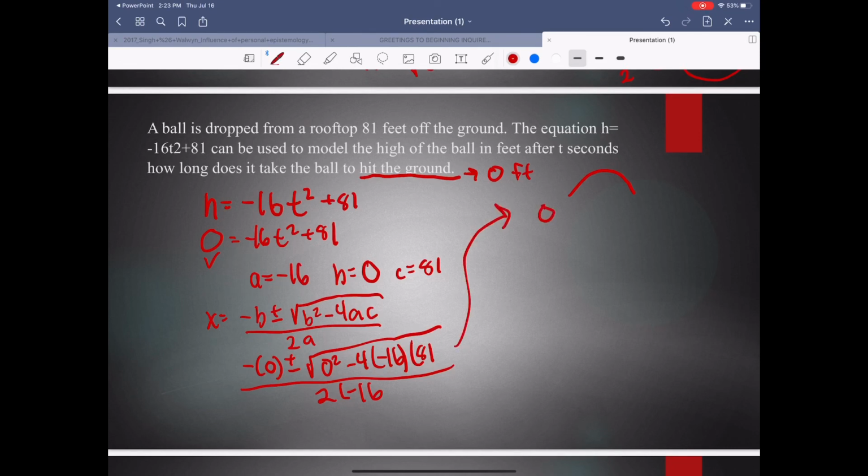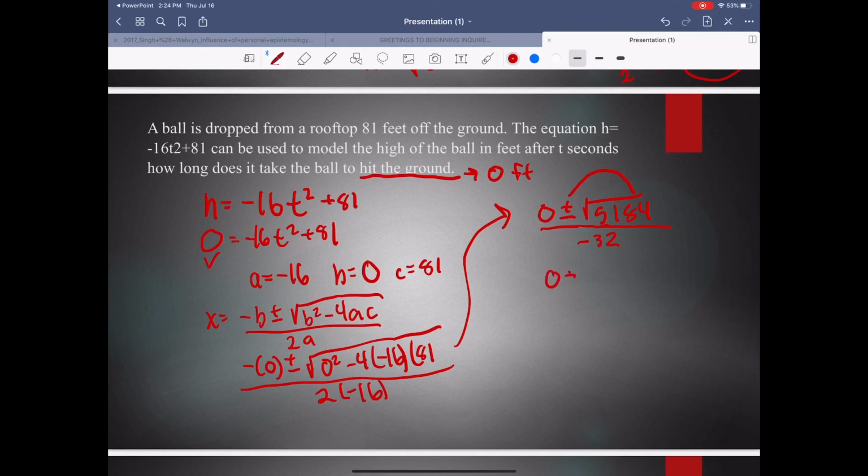That gives me 0 plus or minus the square root of 5,184, divided by negative 32. So now you just take the square root of 5,184.